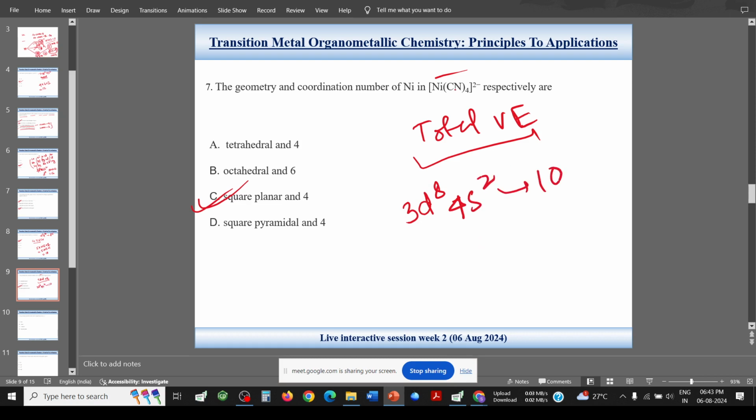So 10 plus CN4. What will be the contribution for each CN? 1 electron. For cyanide it will be 1, so the total number of electrons will be 16.